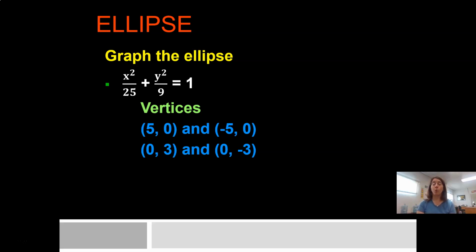We're asking ourselves, what do I square to get these numbers? What did we square to get 25? It was the number 5. So on the x-axis, I'm moving 5 in each direction. On the y-axis, underneath the y squared, we saw the number 9. What did we square to get 9? 3. So on the y-axis, in both directions, we're going to move a value of 3.